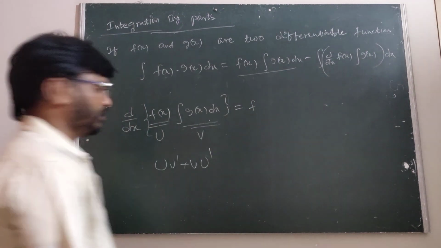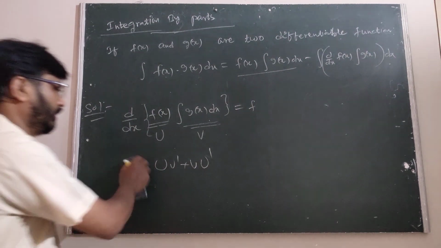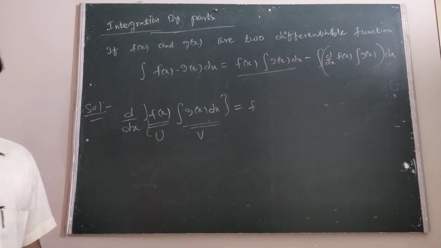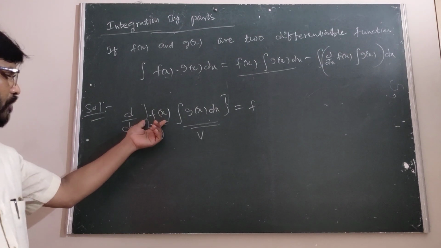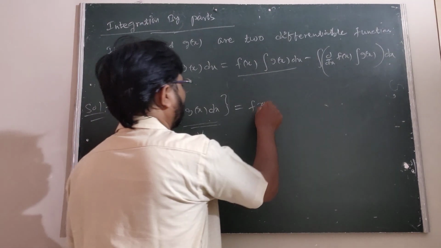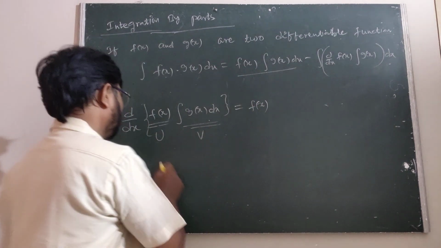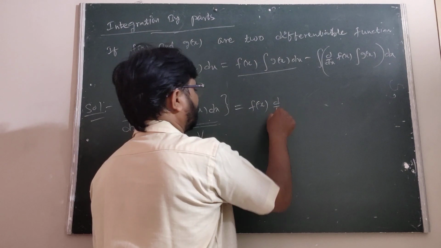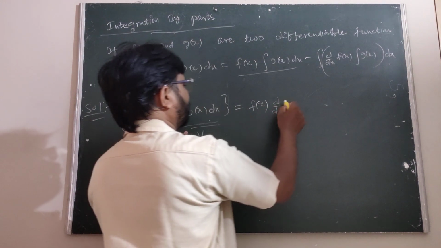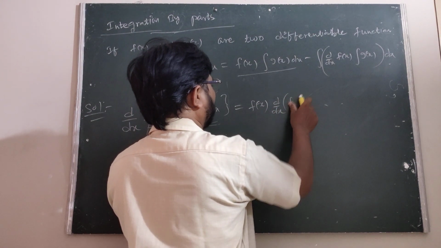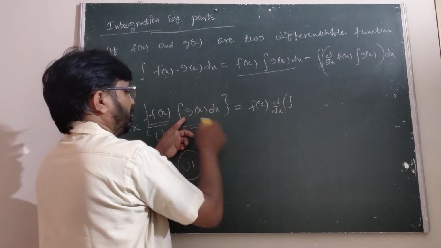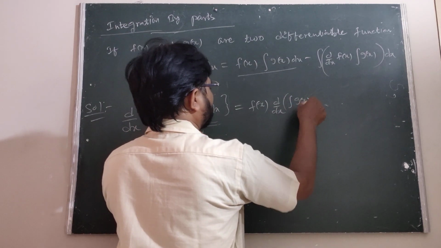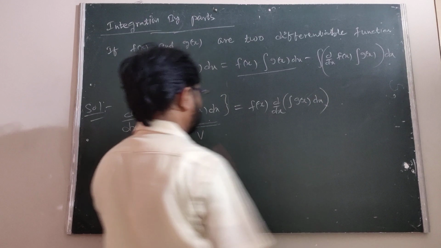Therefore, all of you listen here. u is f(x), so u into v' is f(x) into d by dx of the integral of g(x) dx.